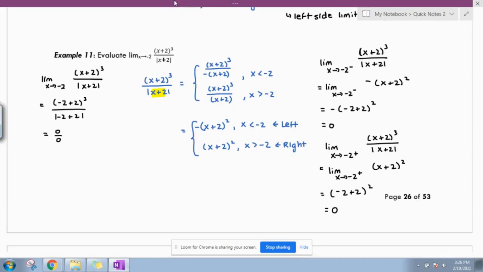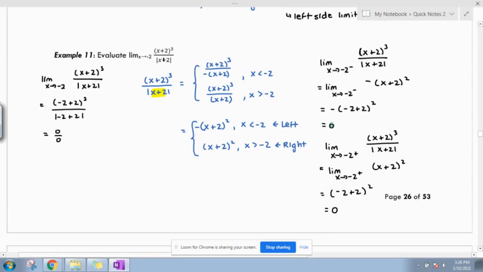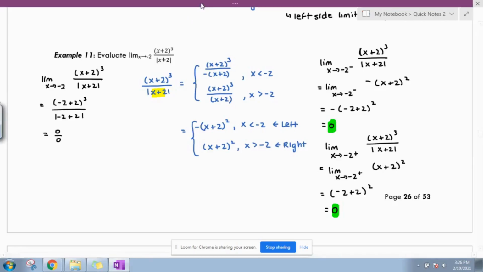So if we compare the left-hand side limit, which is 0, and I compare the right-hand side limit, which is also 0, we notice that they equal the same thing, which means the limit exists here, and the limit is 0.